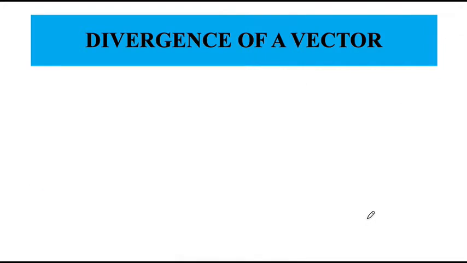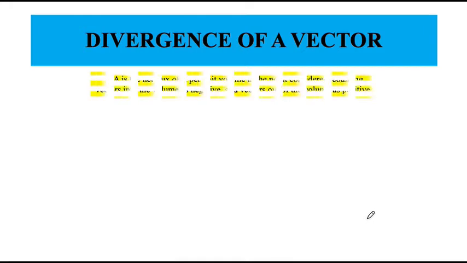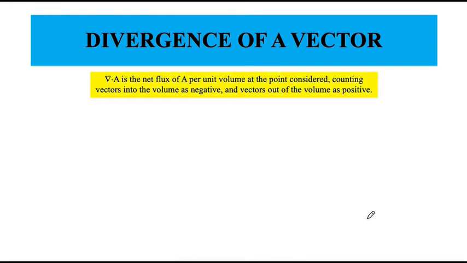Okay. Now physically we may regard the divergence of vector field A at a given point as a measure of how much the field diverges or emanates from the point.